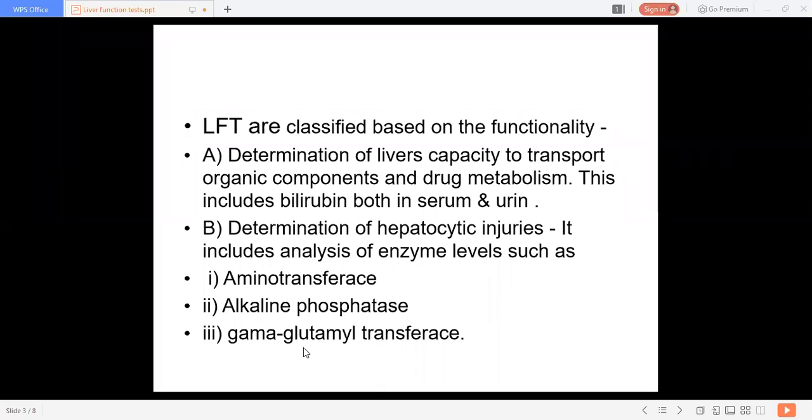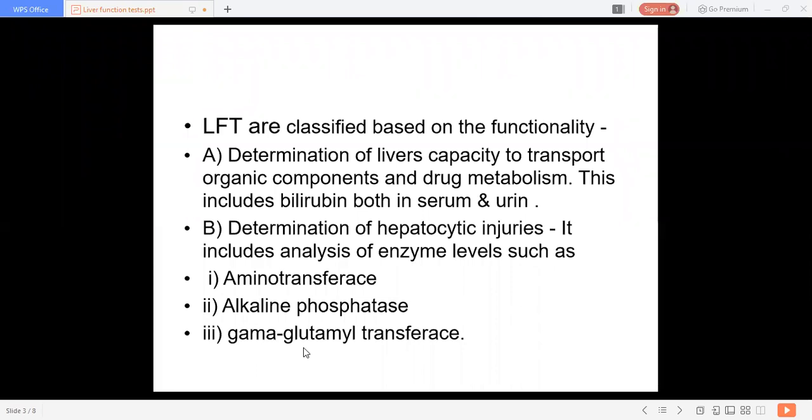GGT levels are higher in infants and individuals beyond the age of 60. So at the extremes of age, these levels are physiologically higher.